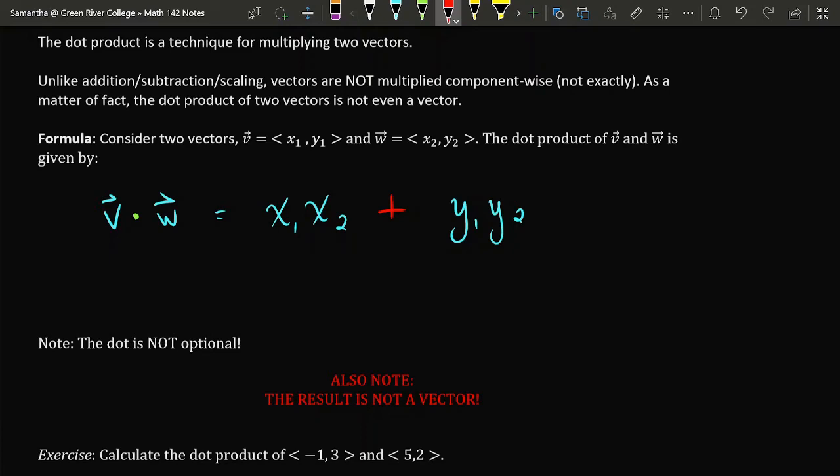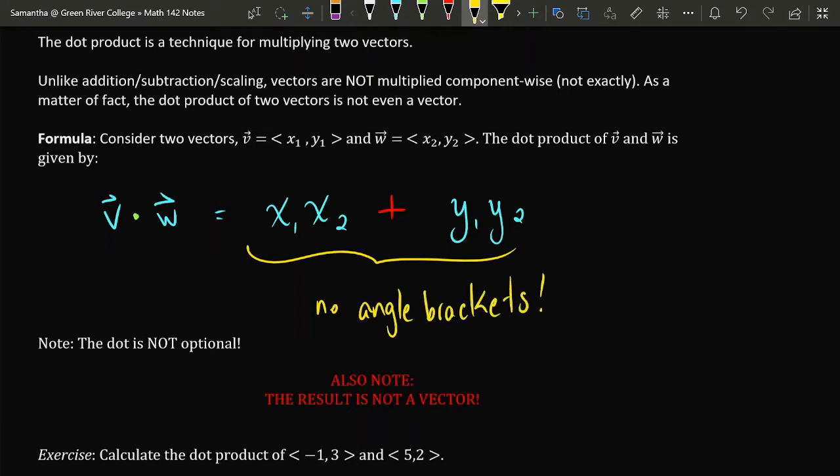So as a note, the result of this operation is not a vector. There are no angle brackets in this formula. When you dot two vectors together, you always get a real number. You always get a scalar for the result.